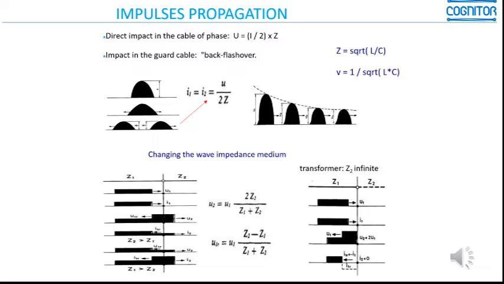One part of the impulse moves to the right side, the other to the left side, and as the impulse is moving along the line, its magnitude is damped, is reduced. If it's small, it arrives at the transformers or lightning arresters of the substation with a small value.